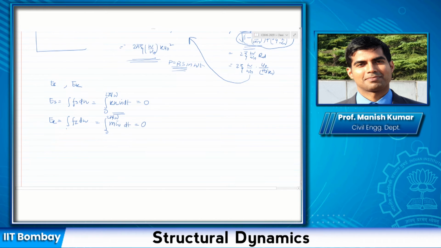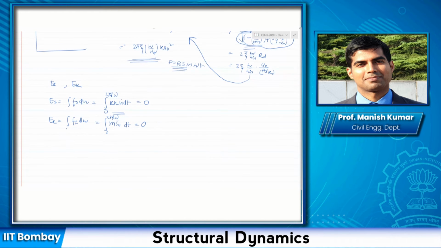So what happens during steady state, over the cycle of motion, is that the kinetic energy and the potential energy, or here the spring or strain energy, would change during the cycle. However, there is no change over the cycle.